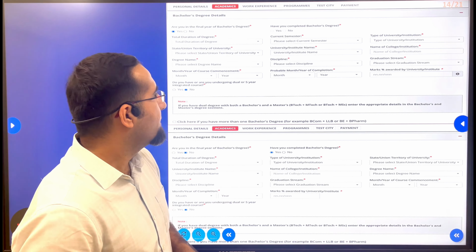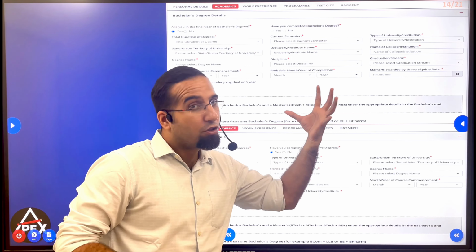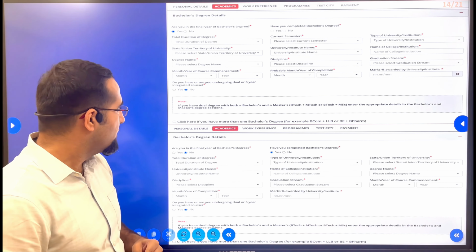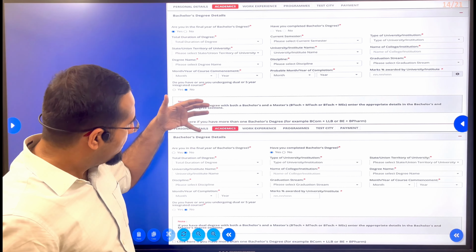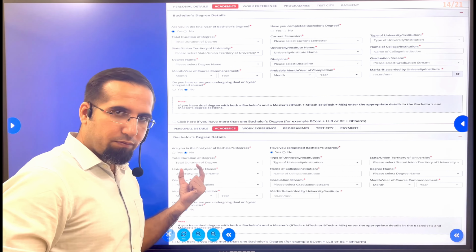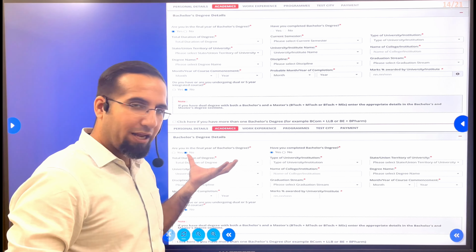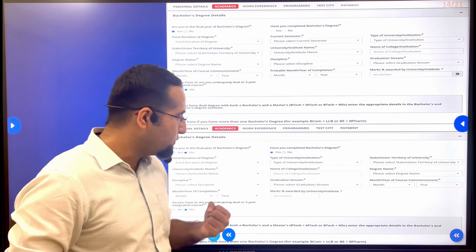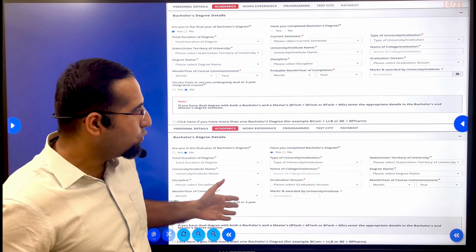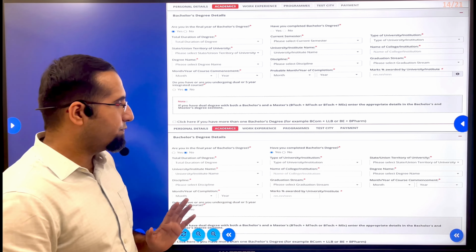You also have this option if you have a dual degree with a bachelor's and master's. If you click on that, again you have separate options altogether. Now, if you are not in the final year of graduation, which means you have completed your graduation, then this is how you go ahead with filling up the form.